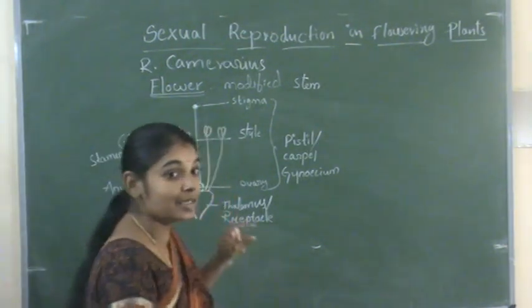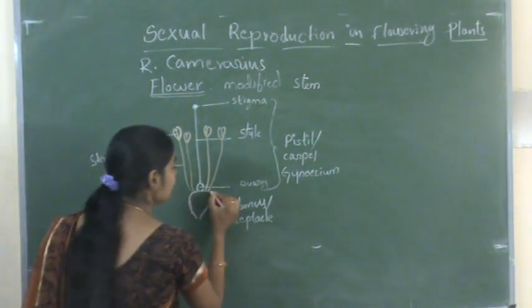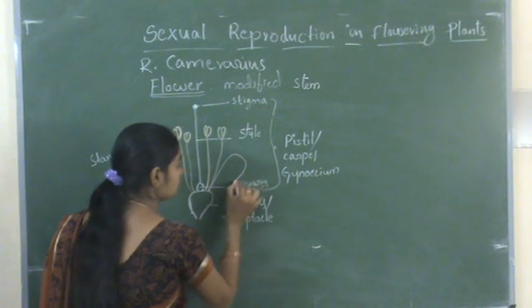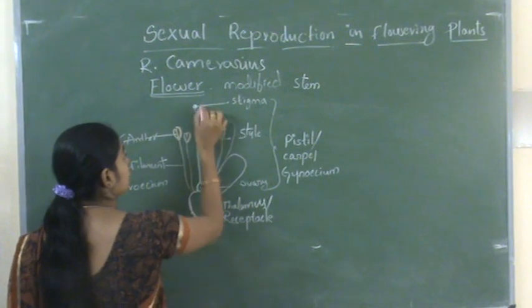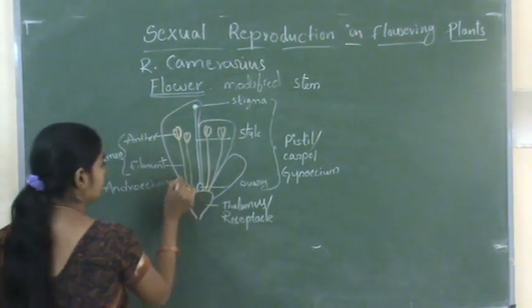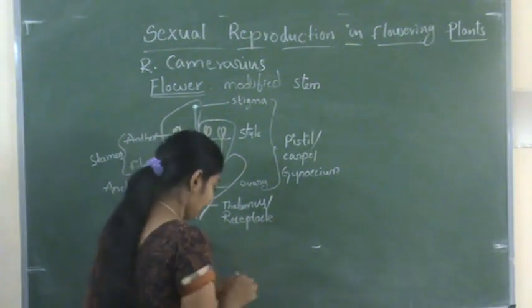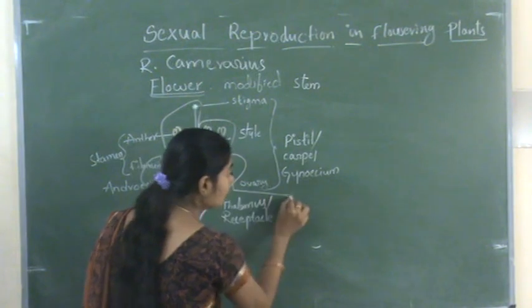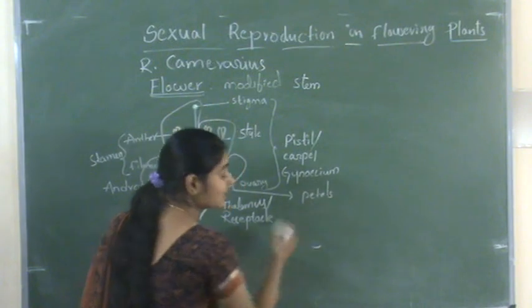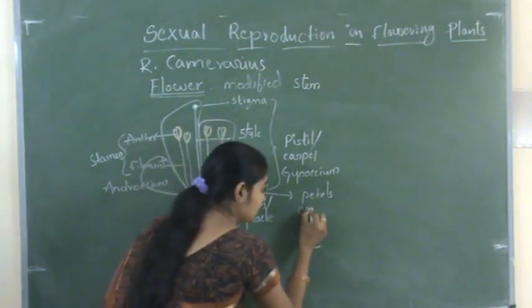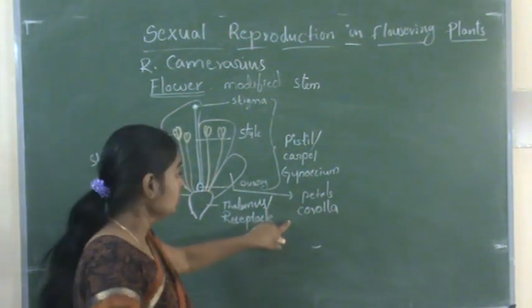Androecium. And outer to the stamens there are other structures which are called petals. All petals together are called corolla.